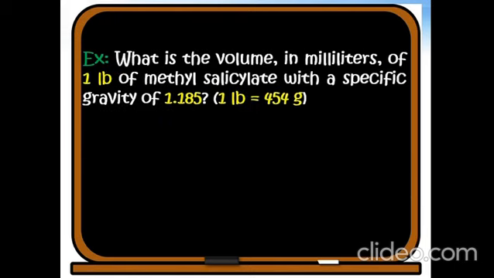And let's look at another example. Actually, this question gives you pound as the unit. So same as before, you have to do one more step of the conversion. 1 pound is 454 grams. What is the volume in milliliters of 1 pound of methyl salicylate with a specific gravity of 1.185?